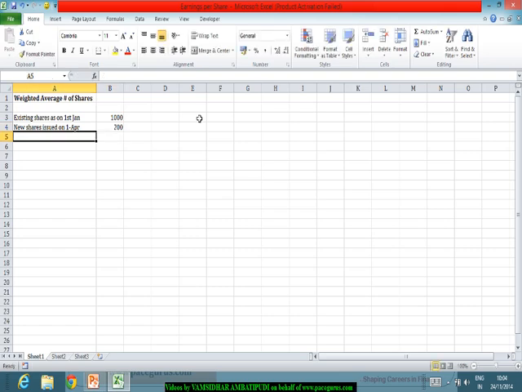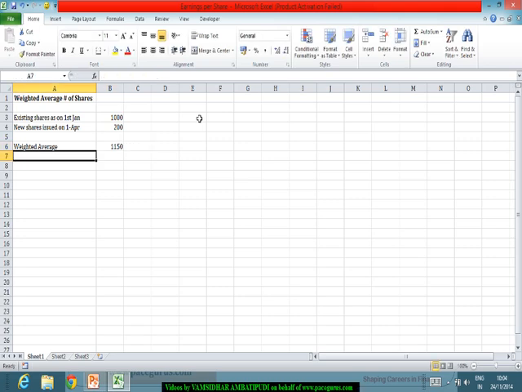Now, in this case, to compute the weighted average number of shares, 1,000 shares were there for 3 months, or 0.25 years, plus 1,200 shares were there for the remaining 0.75 years.